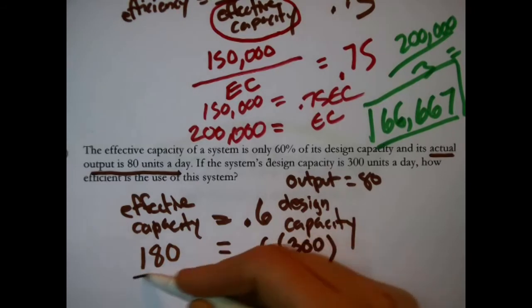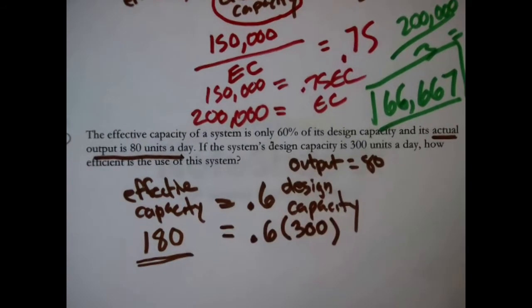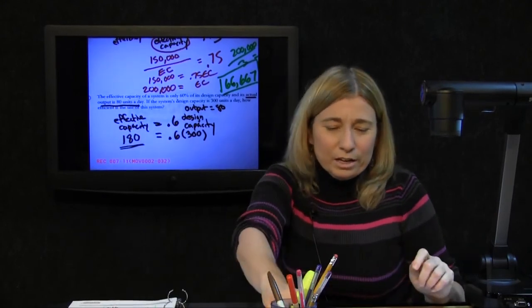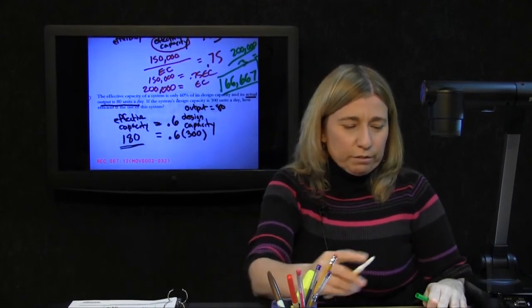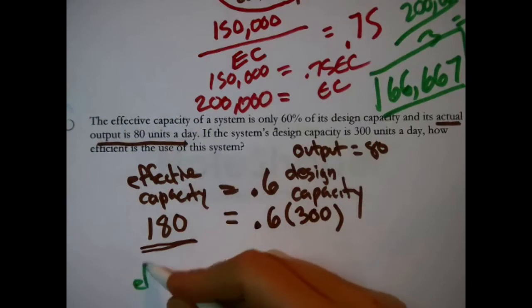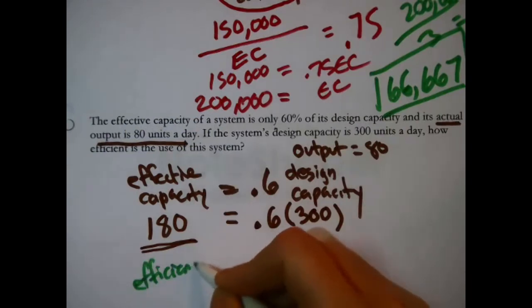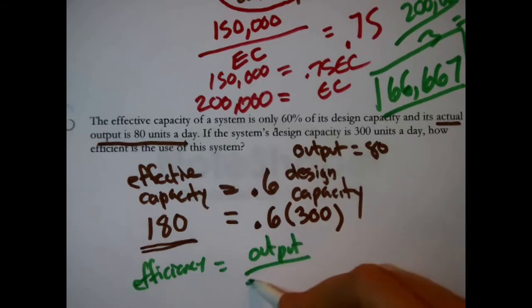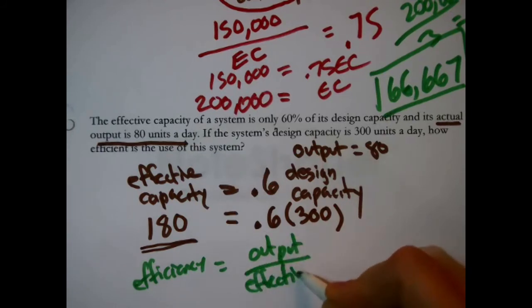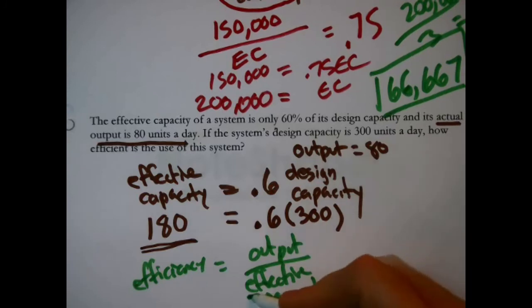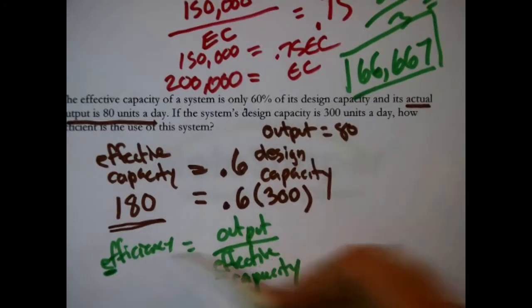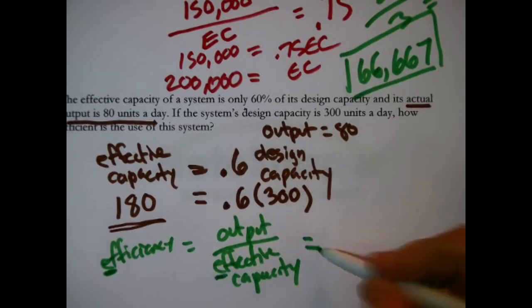That is apparently the effective capacity right there. It's 60% of 300. Finally. The only thing we're doing is just piecing together what we need to fill out that same old formula for efficiency. Efficiency equals output over effective capacity. I always remember effective capacity starts with E, efficiency starts with E. That's how I know which one I'm working with.